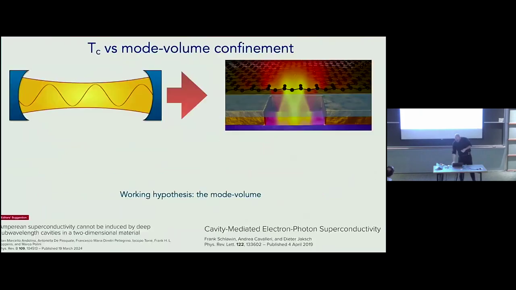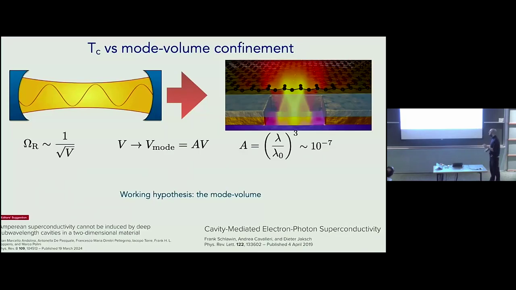And then with this paper, we realized that some part of the community was using a working hypothesis that somehow can work sometimes, but is not totally justified. So basically, you want to describe your system in a sub-wavelength cavity, but you don't have a real theory for this kind of structure. So you do all your calculation in a Fabry-Perot cavity where the volume is V, and then at the end of your calculation you substitute the volume with the volume of the mode.